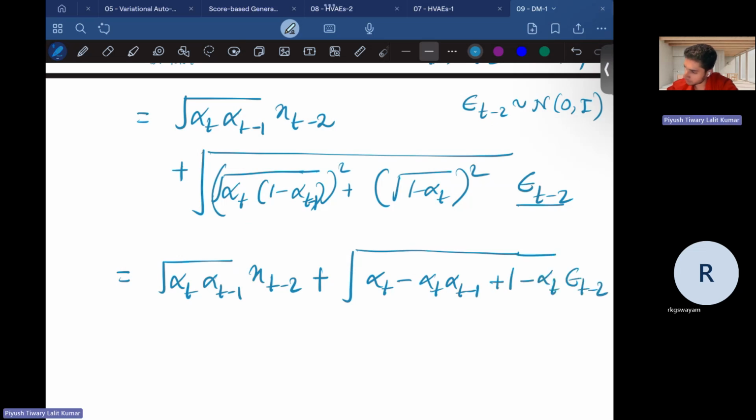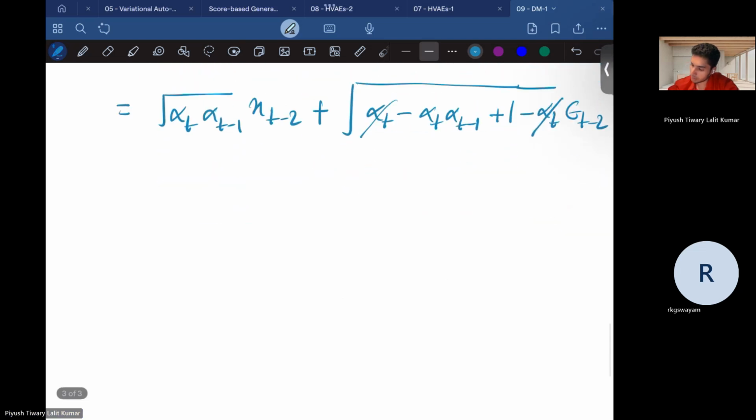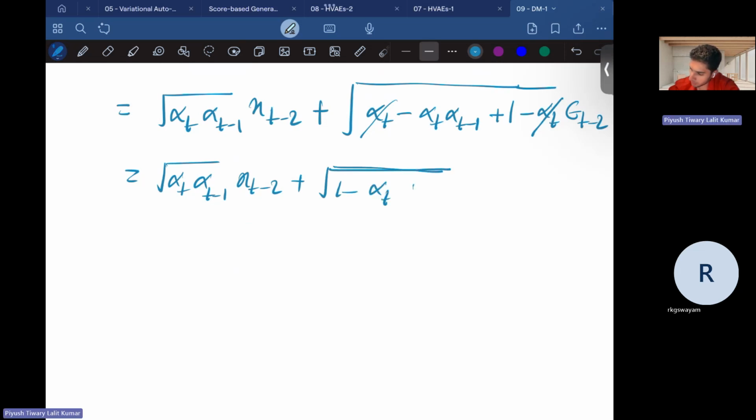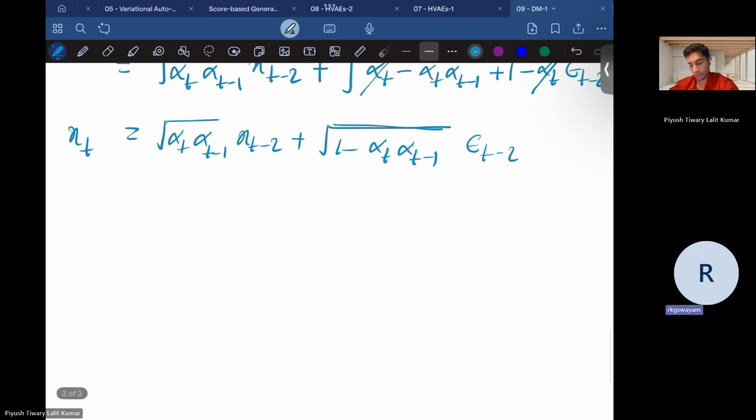Times epsilon t minus 2. So alpha t gets cancelled out. And this becomes square root of alpha t minus 1 x t minus 2 plus square root of 1 minus alpha t minus 1 epsilon t minus 2. And this is x t. Is this clear? Yes.